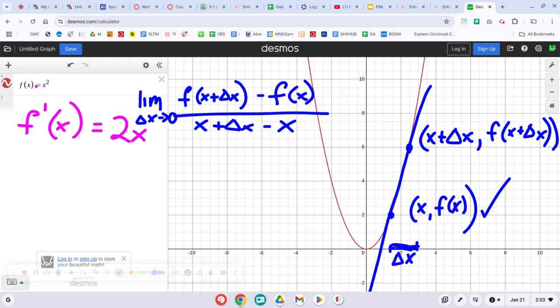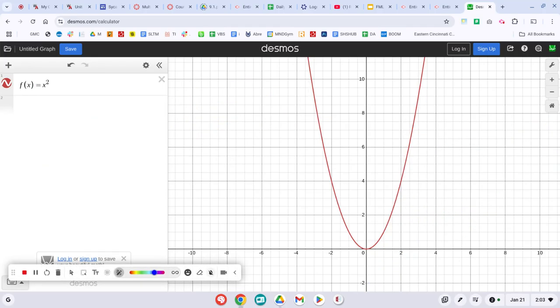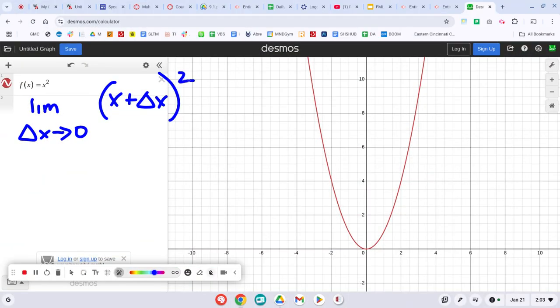So f of x is x squared. So we're going to take the limit as delta x approaches 0 of, okay, so f of x is x squared. So we need to do x plus delta x squared.